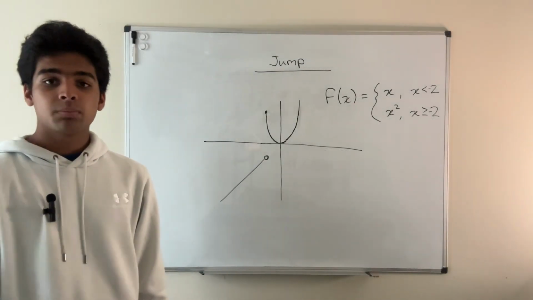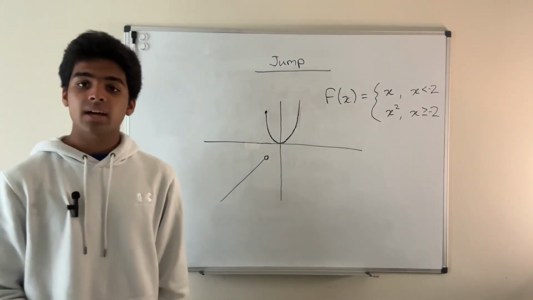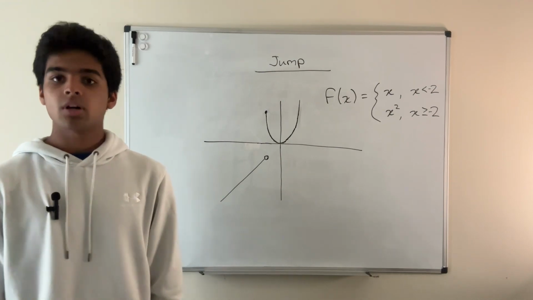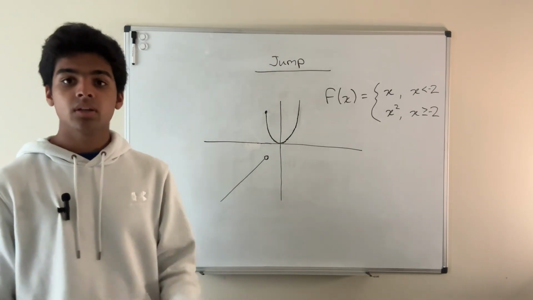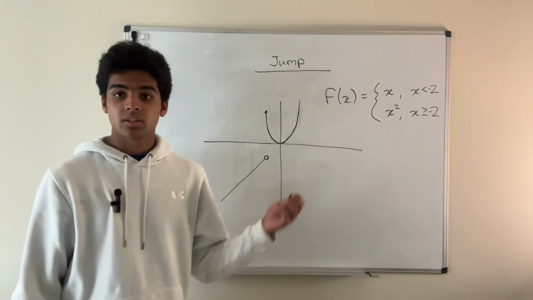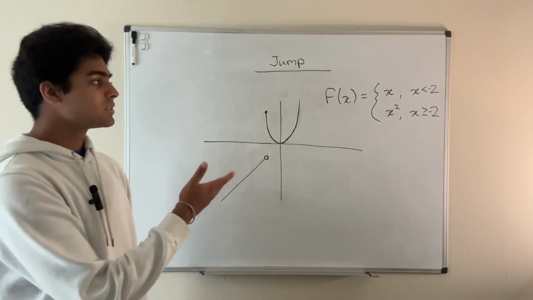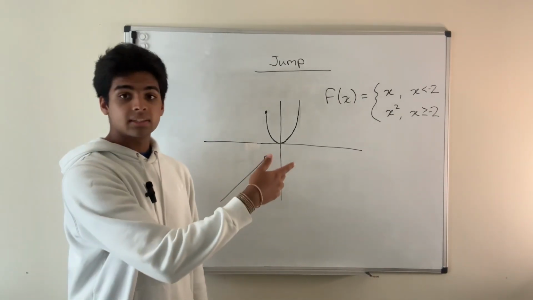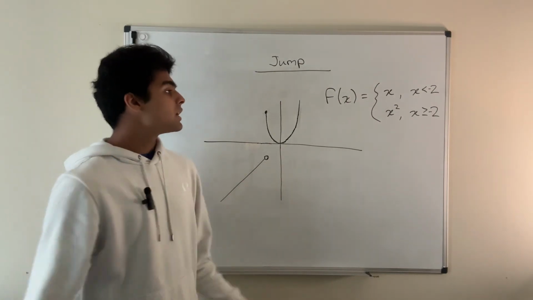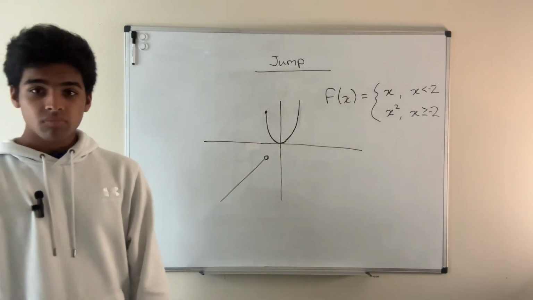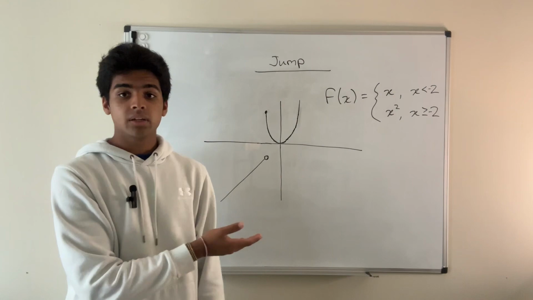Now we have the second type of non-removable discontinuity and the last discontinuity that we will be talking about, which is the jump discontinuity. This is my best attempt at drawing this piecewise function, where the function is x when x is less than negative 2, and x squared when x is greater than or equal to negative 2.